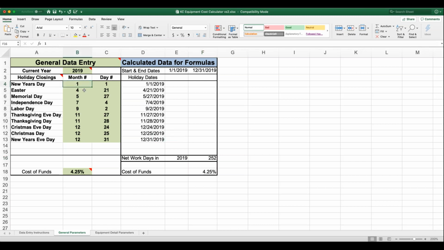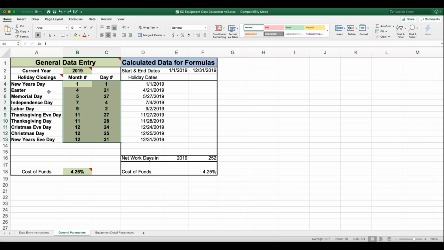Just let me clear these for just a second. And notice the 252 is going to go up. So without any holidays involved, there would have been 261 days that fall within a Monday to Friday. Okay. If I inject the holidays into the mix, it takes 9 days out.